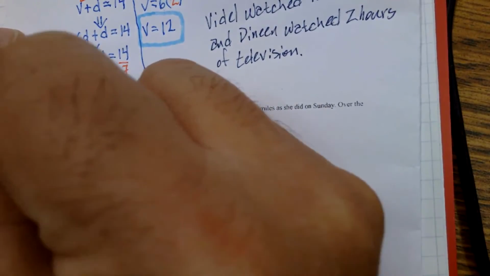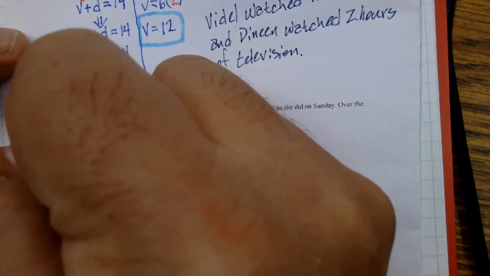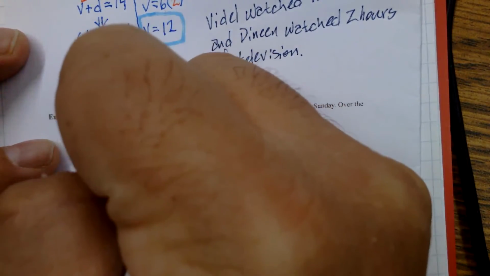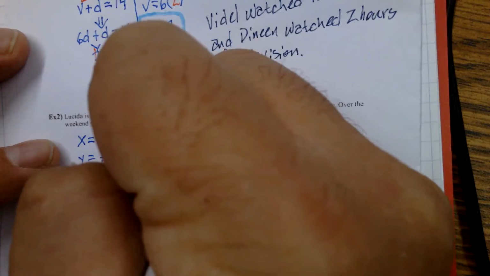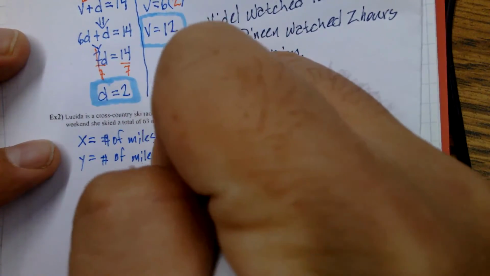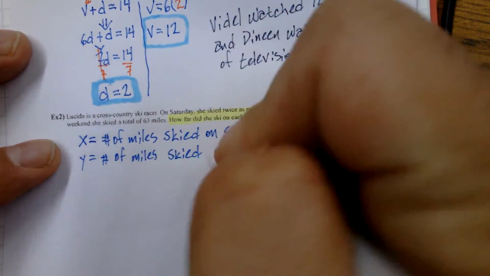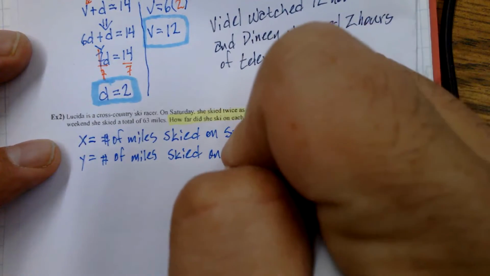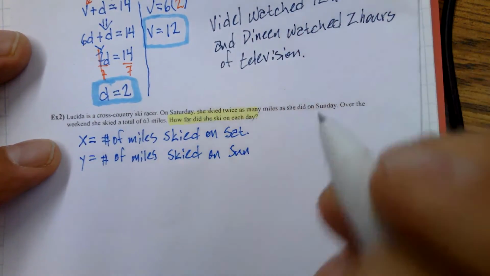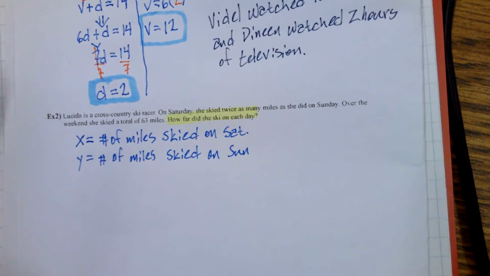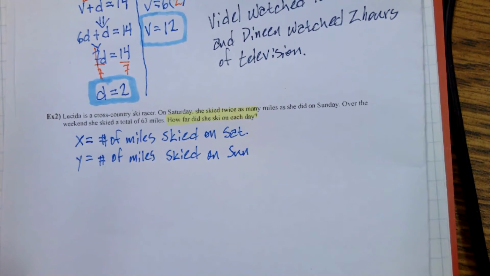And Y is going to be the number of miles skied on Sunday. Okay. So write that down.